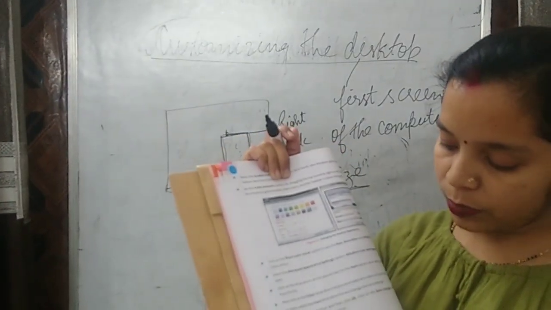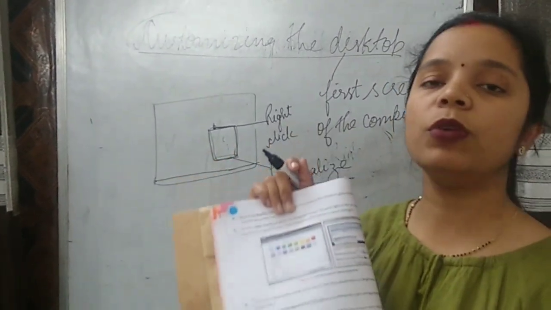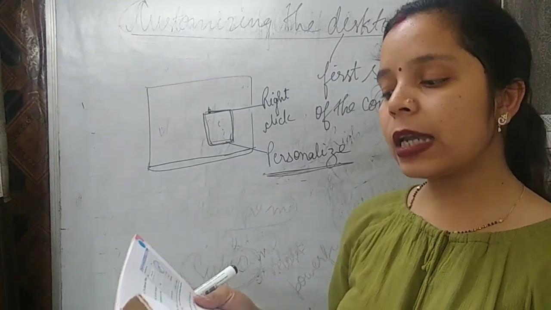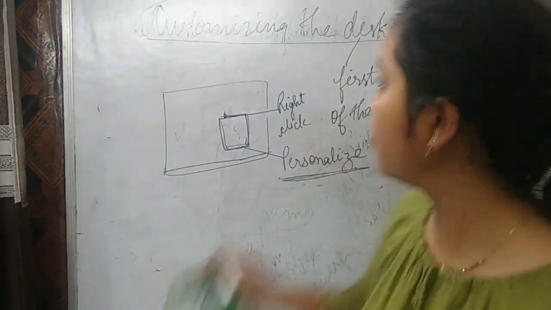Now the next one is customizing the Windows setup. In this it is given how to change the date and time of the computer. Now see how you will change the date and time of the computer.